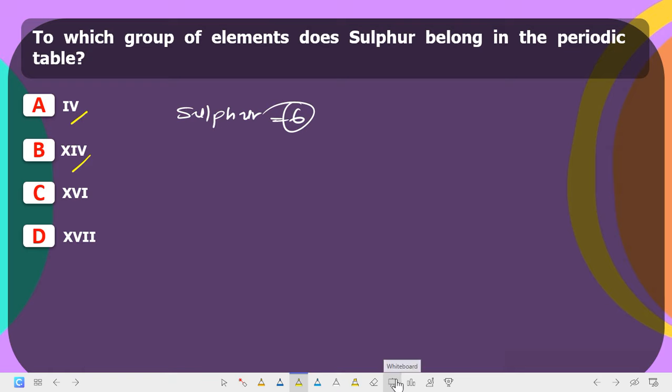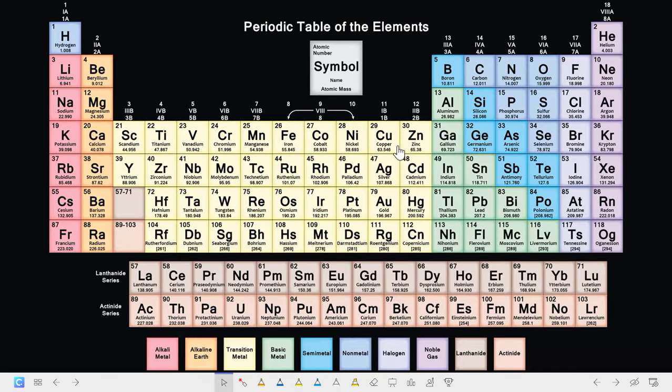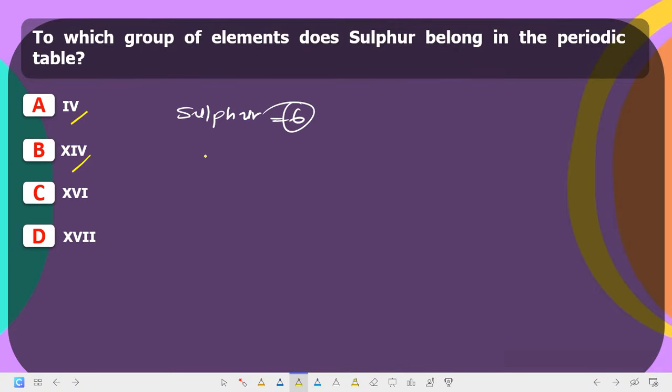Group 6A or group 16. It's either I call it 6A or you call it group 16. So it belongs to group 6A or group 16. And that is option C, the correct answer.